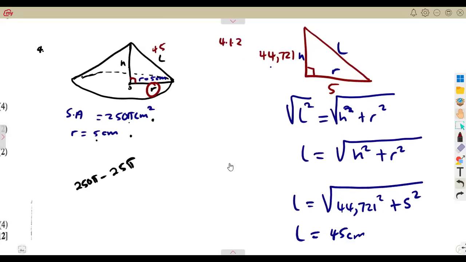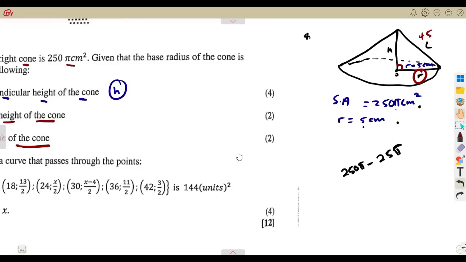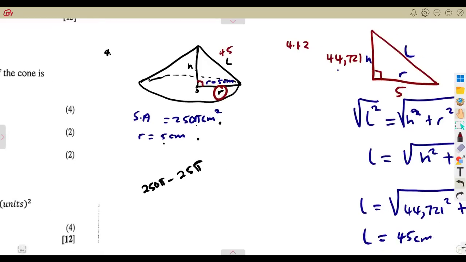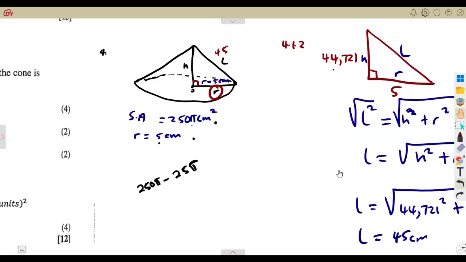All right, let's see. Another part was now the volume of the cone. So also you can consider the volume of the cone. We have got from our formula sheet, again, we are given the formulas for this one. So you can also just consider this, the volume of a cone, given as a third pi r squared h. So meaning to say, we can use the formula straightforward there. We have got everything.